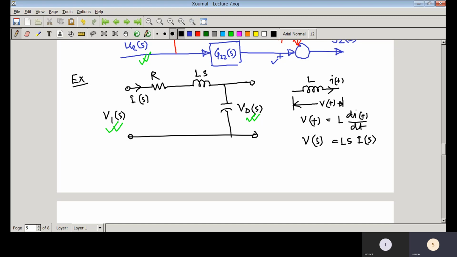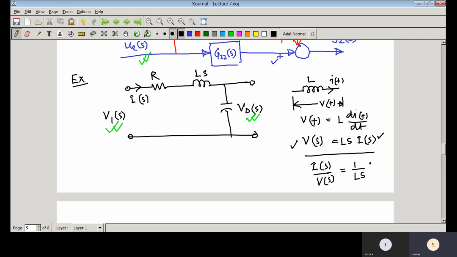This is the input and output relationship. If you take input as V(s) and output as I(s), then you will get I(s) by V(s) equal to 1 by Ls.